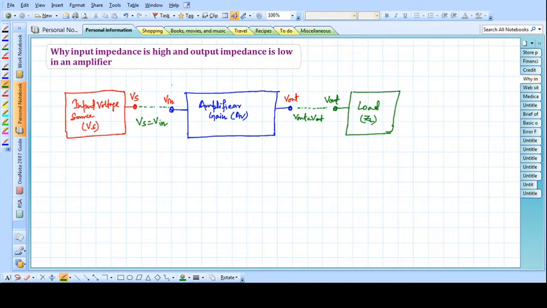For example, suppose the gain of an amplifier is 100.